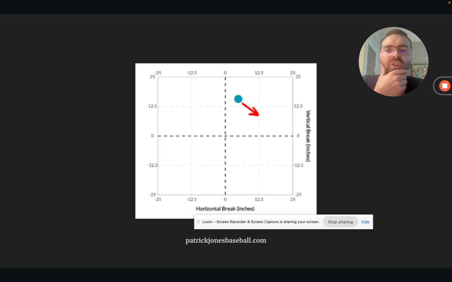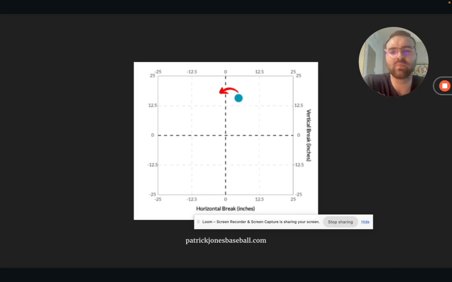The sinker is going to be below the average fastball, but still above the x-axis, because above the x-axis is backspin on the ball, and below the x-axis is topspin. That's going to be the breaking ball pitches. And as we mentioned before, anything to the left of the y-axis up top, but still above the x-axis, is going to have some cut to it.